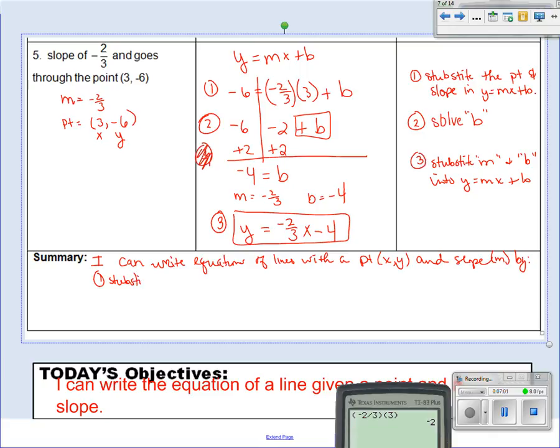Substitute the point and slope into y equals mx plus b.